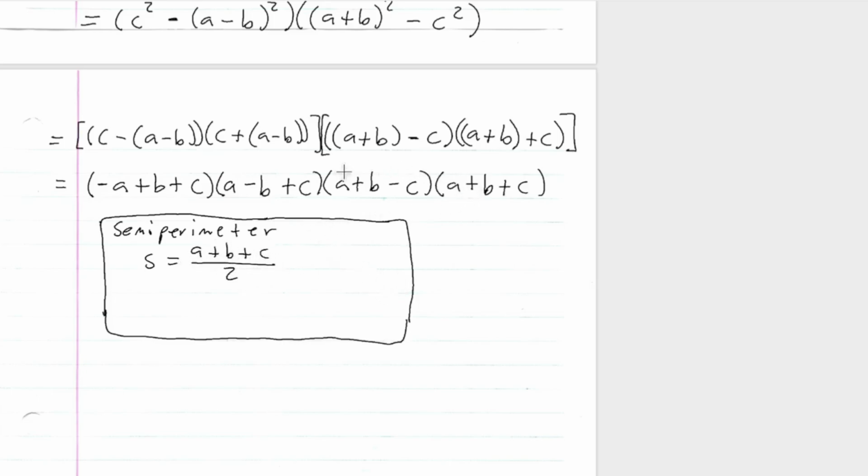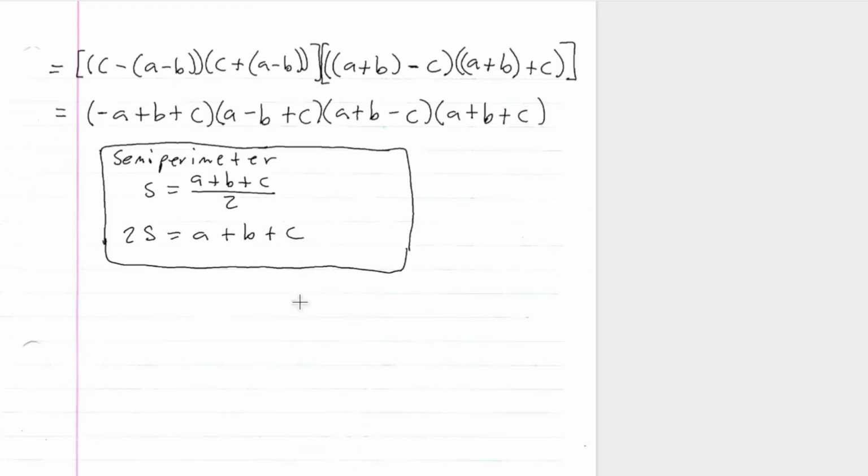Now notice I can get A plus B plus C in all of these doing a little bit of a manipulation, which I'll do in a second, but I do have this A plus B plus C here, right? So if I were to solve for A plus B plus C by multiplying both sides of this equation by 2, I would get 2S is equal to A plus B plus C, right? So I'm going to show you how I'm going to get A plus B plus C in all of these.